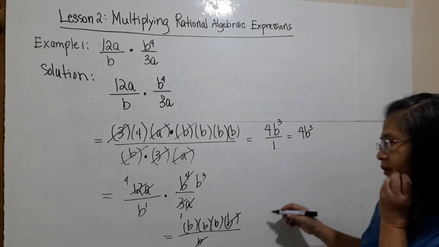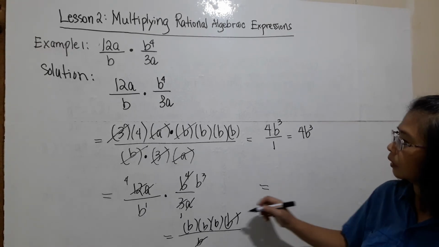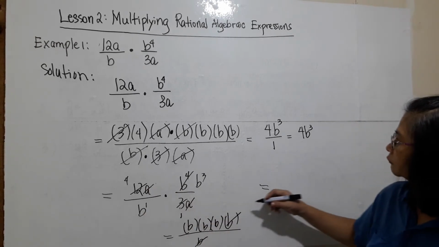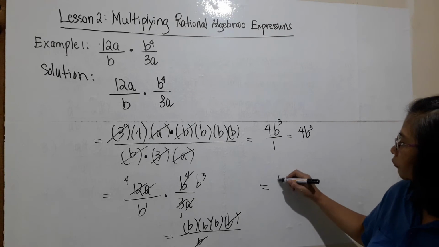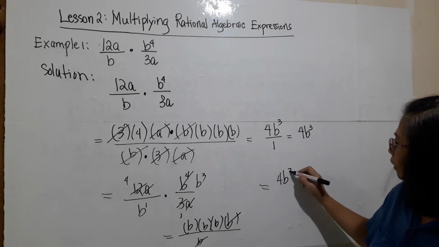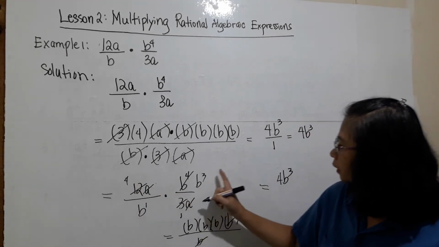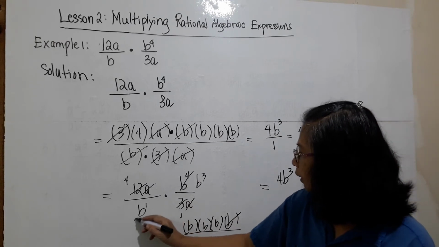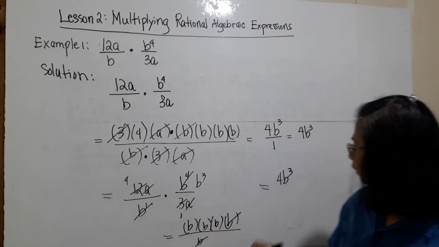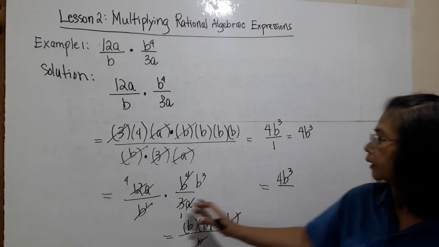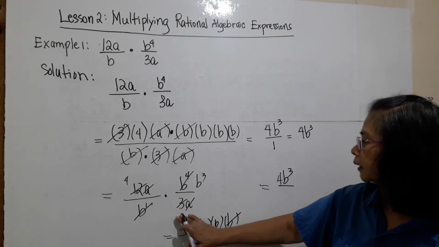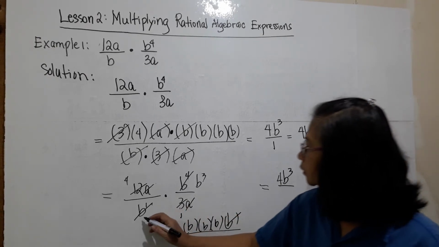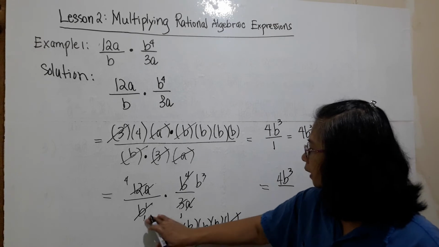Therefore, in the numerator, what is left? 4b cubed. And in the denominator, there is nothing left, so this is also 1, meaning cancel.